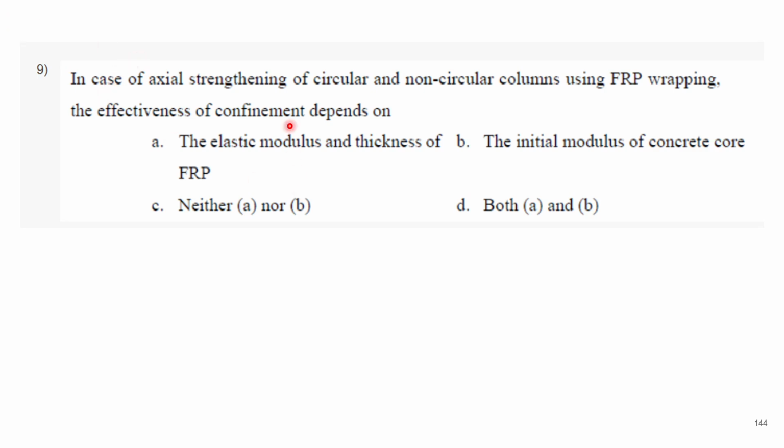Ninth question. In case of axial strengthening of circular and non-circular columns using FRP wrapping, the effectiveness of confinement depends on A, the elastic modulus and thickness of FRP, B, the initial modulus of concrete core, C, neither A nor B, D, both A and B. Which is the correct option? If you remember, the effectiveness of confinement depends on the elastic modulus, the thickness of FRP wrapping, and the initial modulus of concrete core.